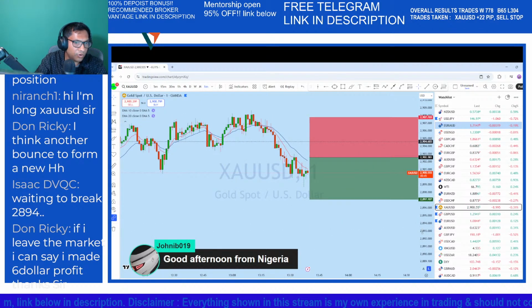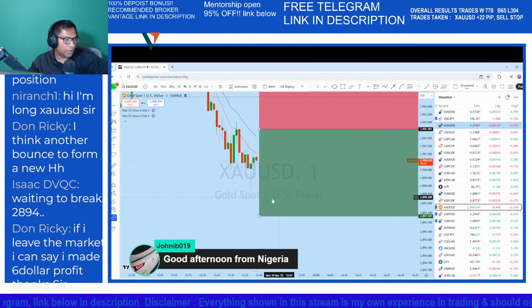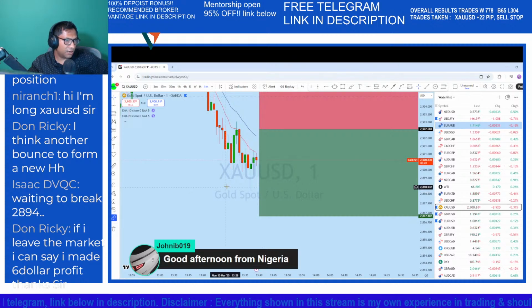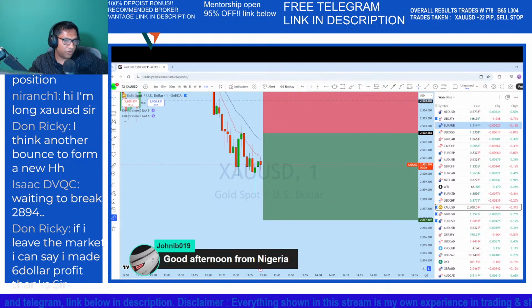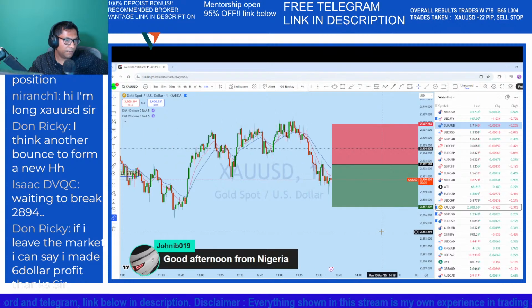Okay, after two doji formation. So if the market managed to break here, we can take some profit. Let's wait for the market potentially to break below here.